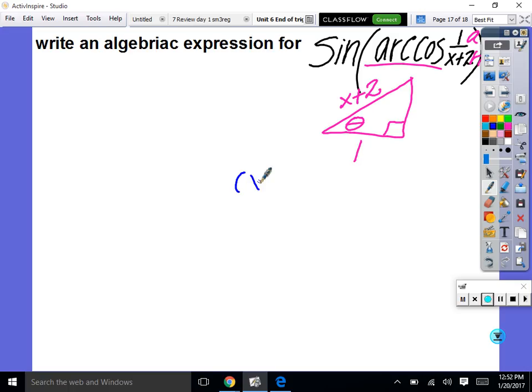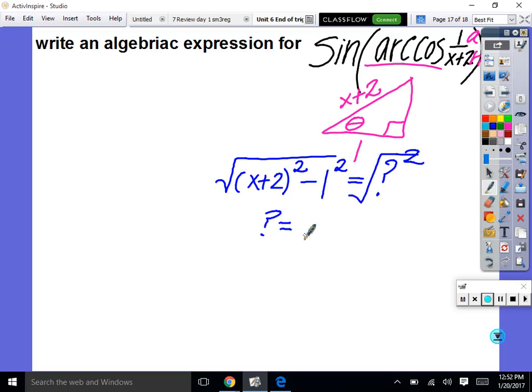It'll be x plus 2 squared minus 1 squared equals, let's not call it x, question mark squared. Now solve for the question mark. Square root both sides. So question mark is equal to the square root of x plus 2 squared minus 1. Can I just cancel the square root with the square? No. Good job. So we have our square root of x plus 2 squared minus 1.